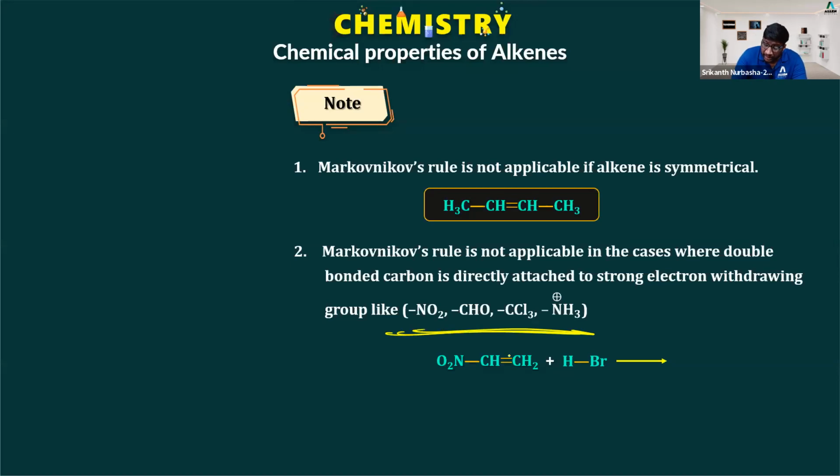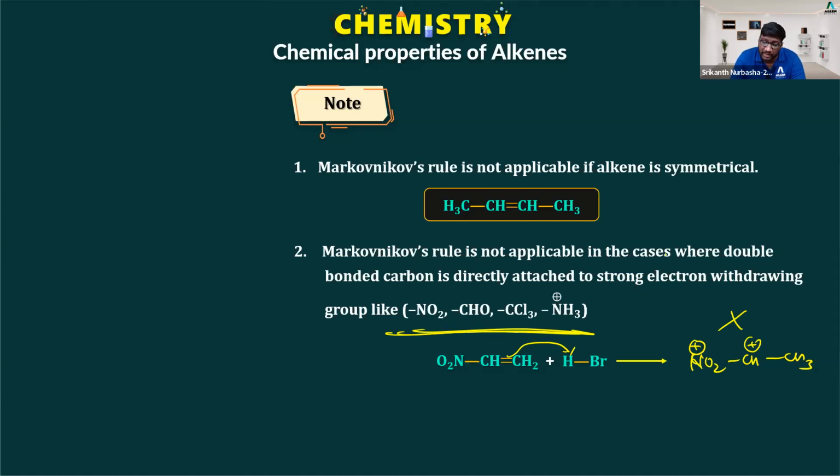Because if the pi electron attacks H plus, generating NO2 CH plus CH3, this NO2 already has a positive charge, and an electron withdrawing group decreases the electron density on this carbon. Yes or no? So two positive charges would be present on adjacent atoms, the carbon bearing a positive charge cannot be connected with NO2, which already has a positive charge on nitrogen. So this will not be followed. So here anti-Markovnikov addition will happen.